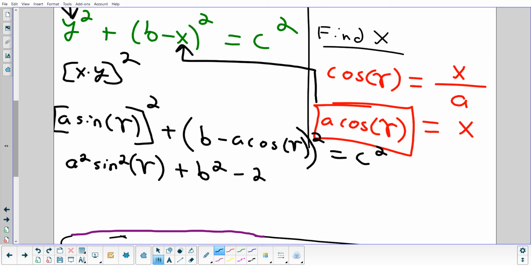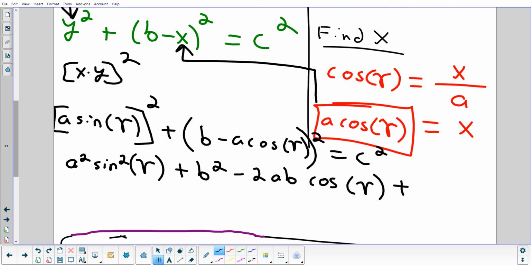So minus 2ab cosine gamma. And then the last part would be negative a cosine gamma times another negative a cosine gamma, if you were FOILing. Well, what's a negative times a negative? Positive.